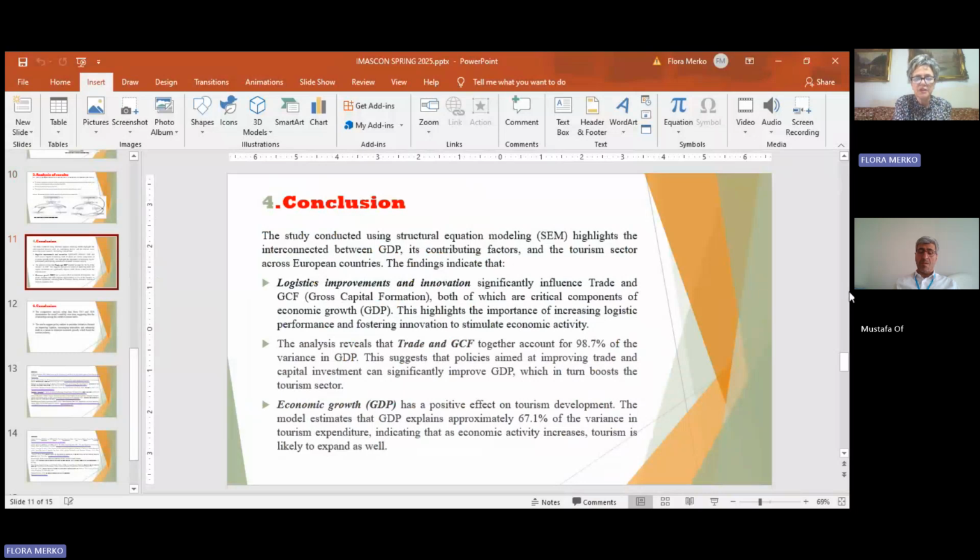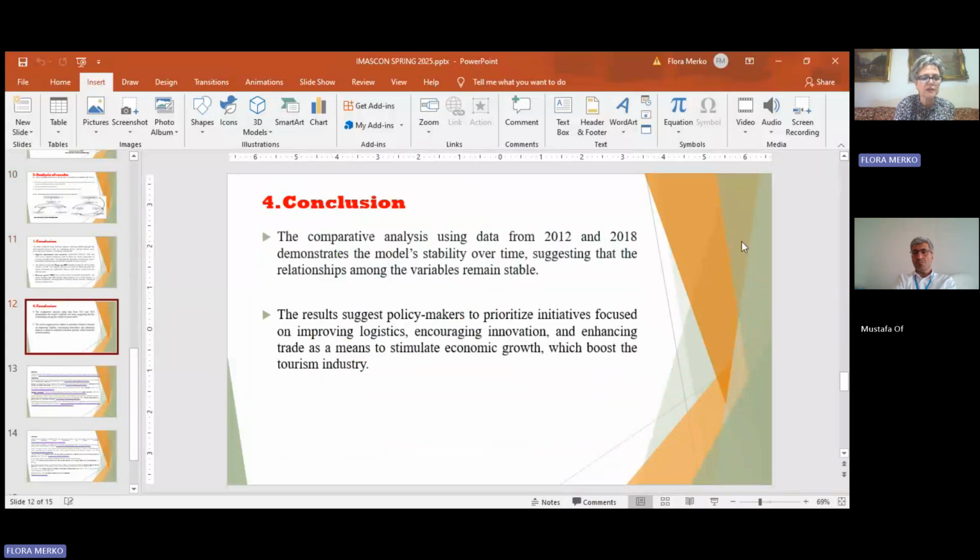The model estimates that GDP explains approximately 67.1% of the variance in tourism expenditure, indicating that as economic activity increases, tourism is likely to expand as well.